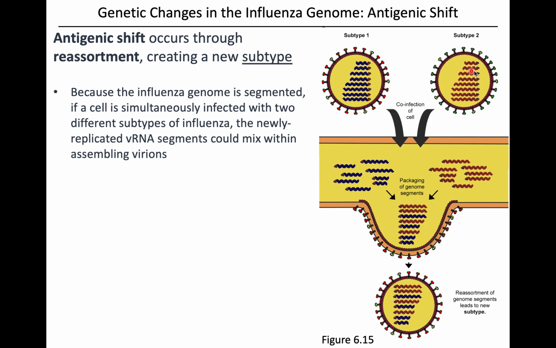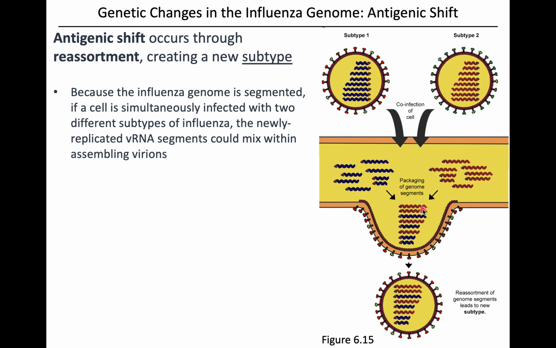So you've got your two subtypes, both infecting this cell at the same time, both going through their replication cycle. And when it comes time for assembling new virions, we discussed that this is happening at the cell surface. The ribonucleic acid particles are being attracted to the cell surface and will bud off into these new viral particles.